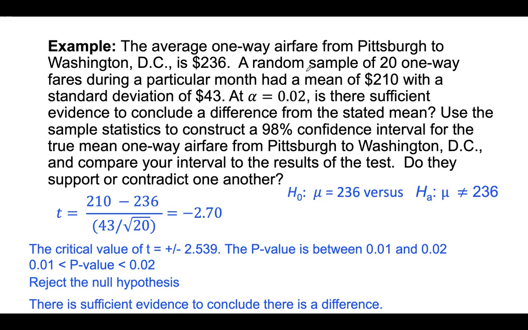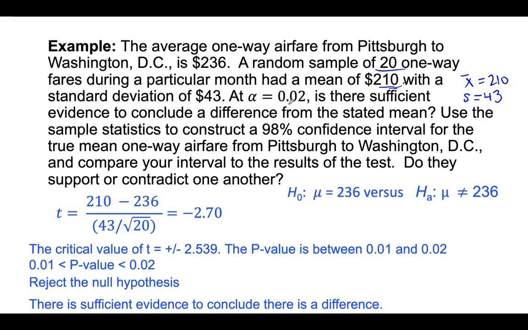We did this previously. The average one-way airfare from Pittsburgh to Washington, D.C. is 236. A random sample of 20 one-way fares during a particular month had a mean, x bar, of 210, because it's a sample, with a standard deviation of 43.